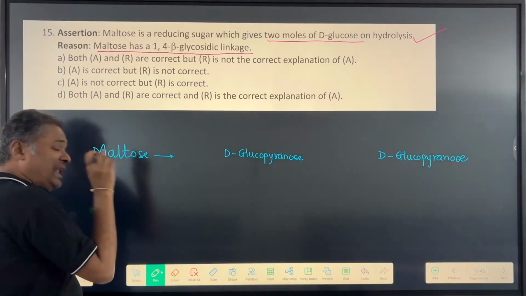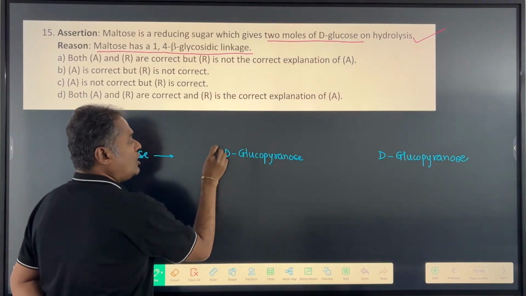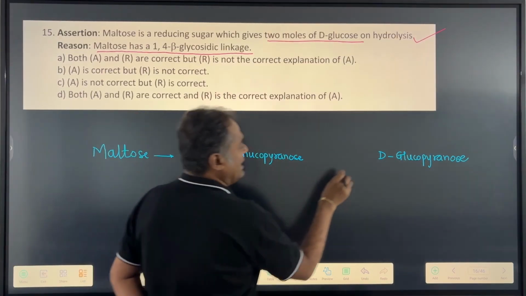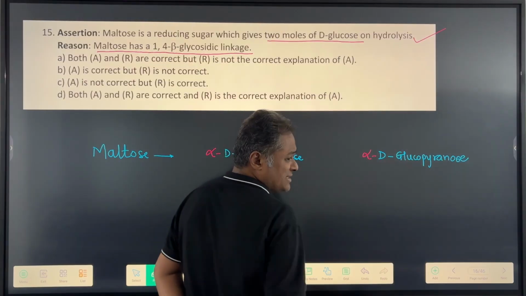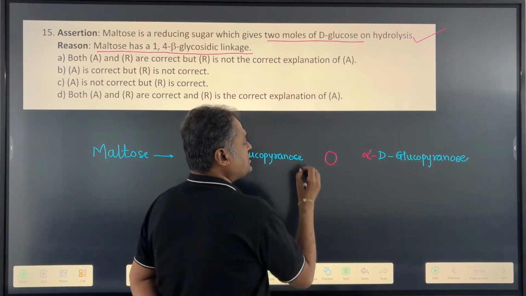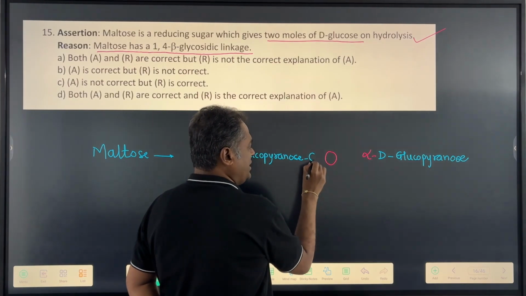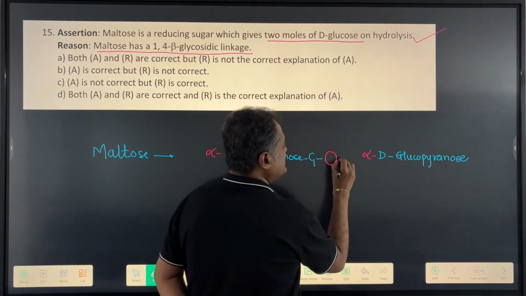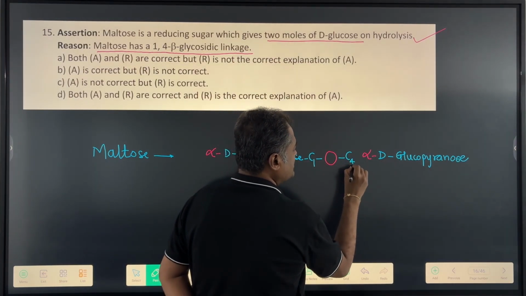Now, in maltose, you have both units alpha, and both are connected by a glycosidic linkage. Which carbon atoms are involved? In the first unit C1 is involved, and in the second unit C4 is involved.